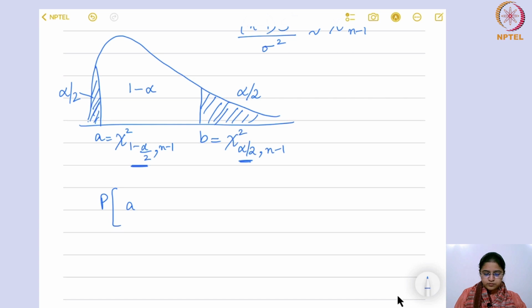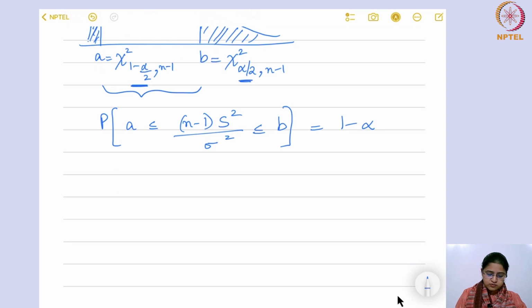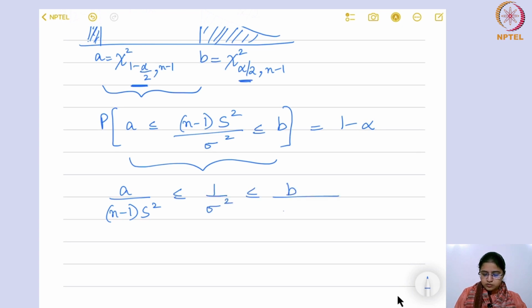It said that probability, so we are basically focusing on this area now. So the probability that n-1 s square over sigma square lies between A and B is 1 minus alpha. So if you simplify this interval, what do you get? You have to find the interval for sigma square, so it would be A over n-1 s square is less than or equal to 1 over sigma square, which is less than or equal to B over n-1 times s square.